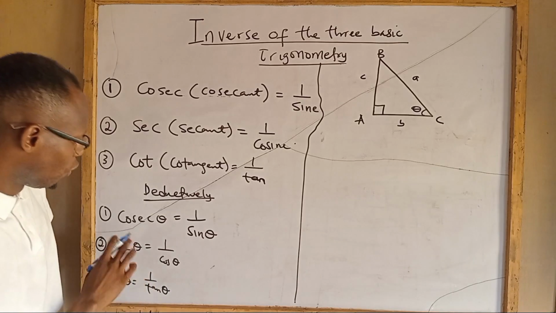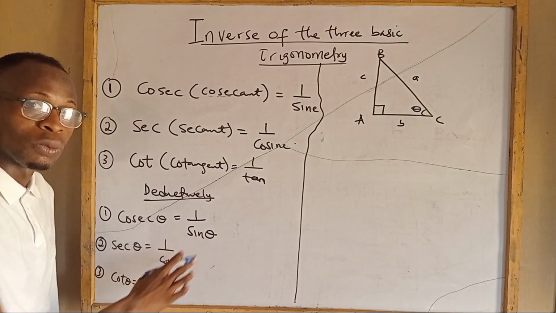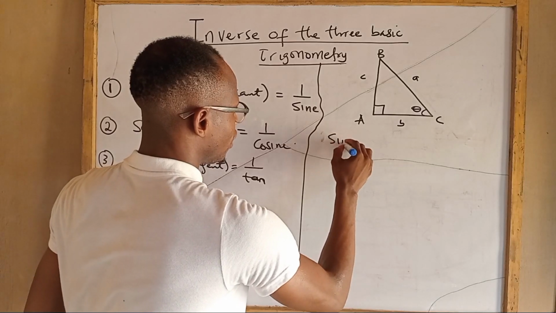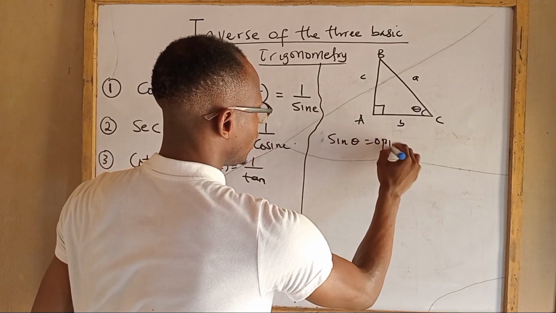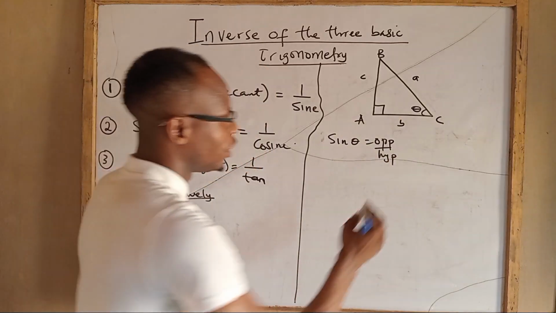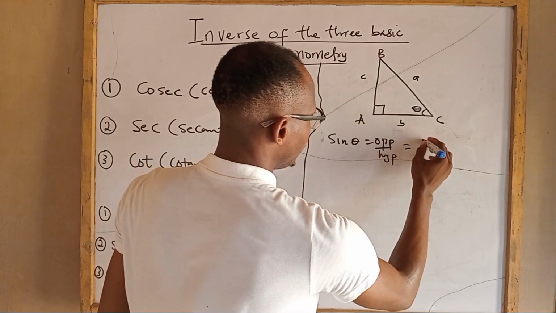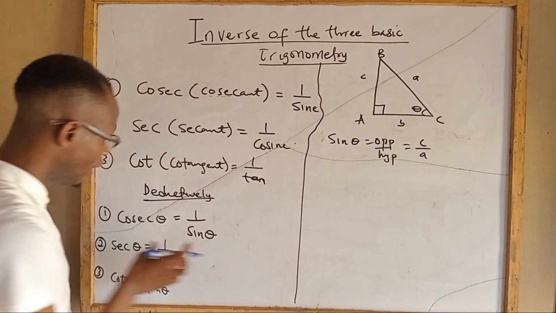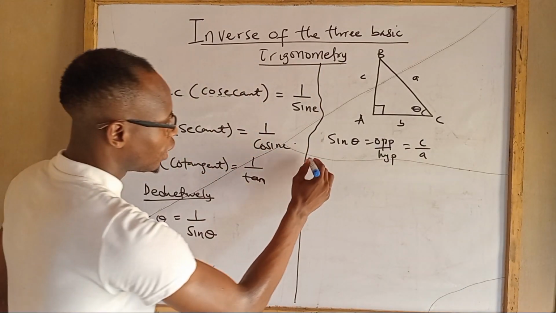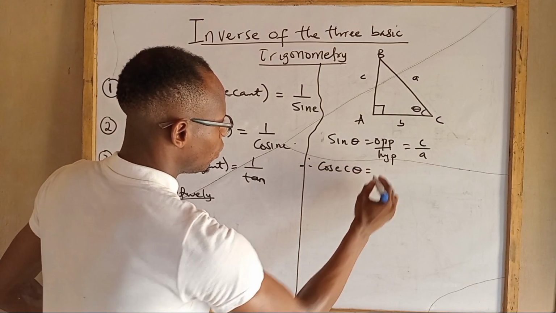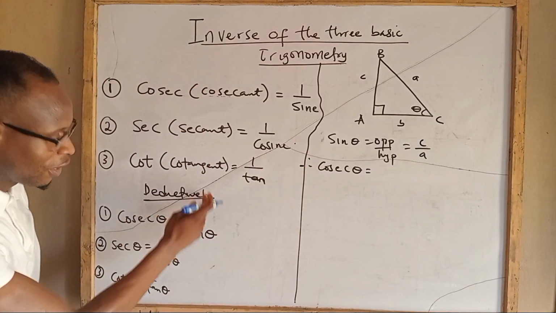If you look at cosec theta, it is related with sine theta. Sine theta, in our previous class, we said is equal to opposite over hypotenuse, and the opposite is C over A in this case. So we can conclude that cosec theta is the inverse of sine theta.